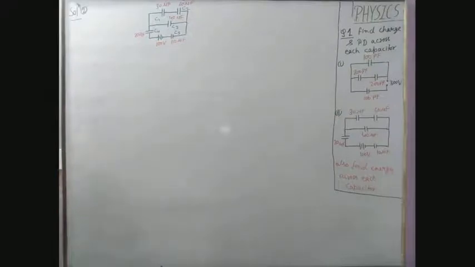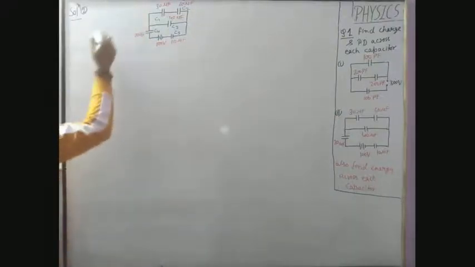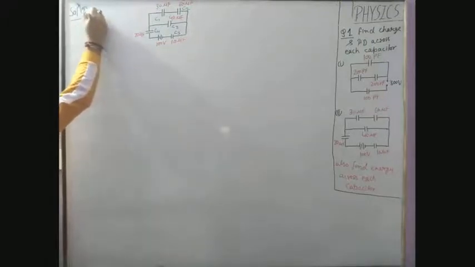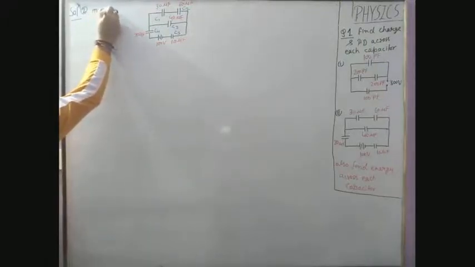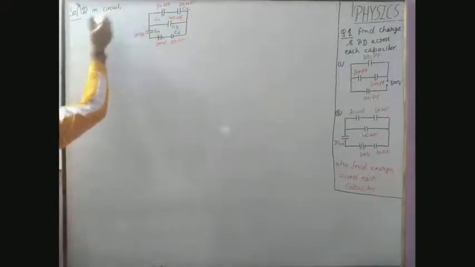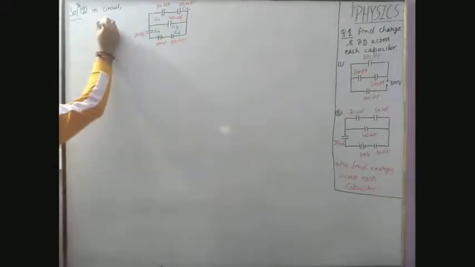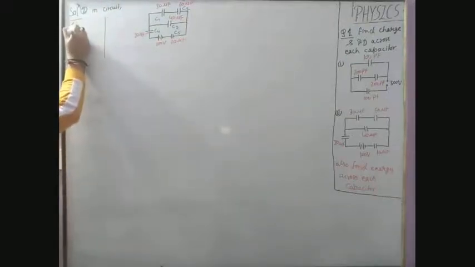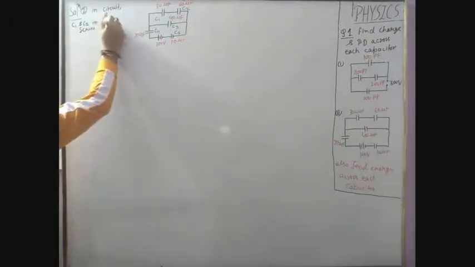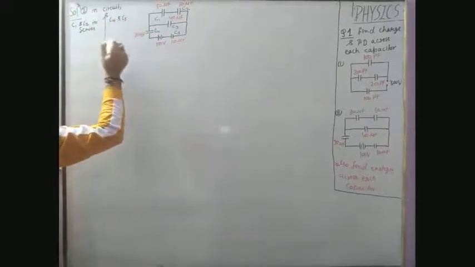Now first we solve these two. In the circuit, C1 and C2 are in series and C4 and C5 are also in series.